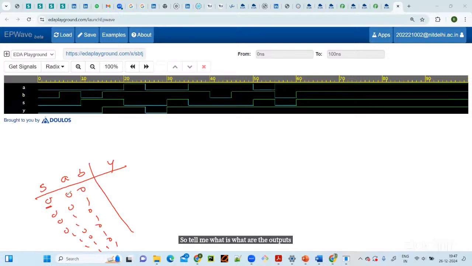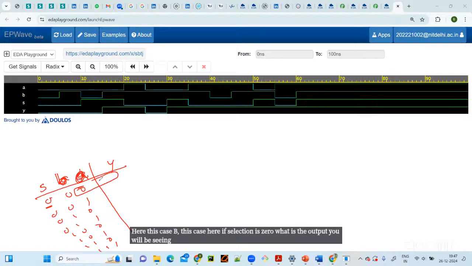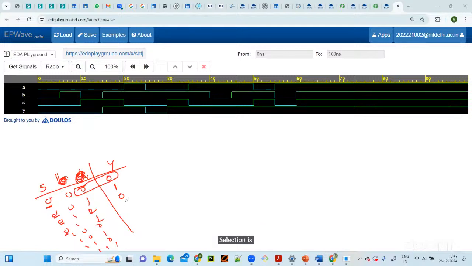See, if selection is 0, oh okay, this is B, this is A. Here this guy is B, this guy is A. If selection is 0, what is the output you will be seeing? It will be A, right? Output will be A, that is 0. If selection is 0, output will be A.